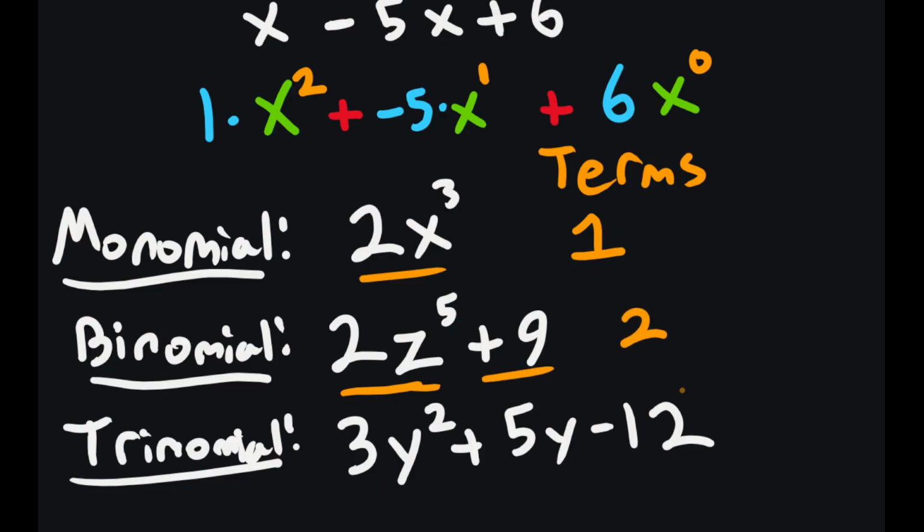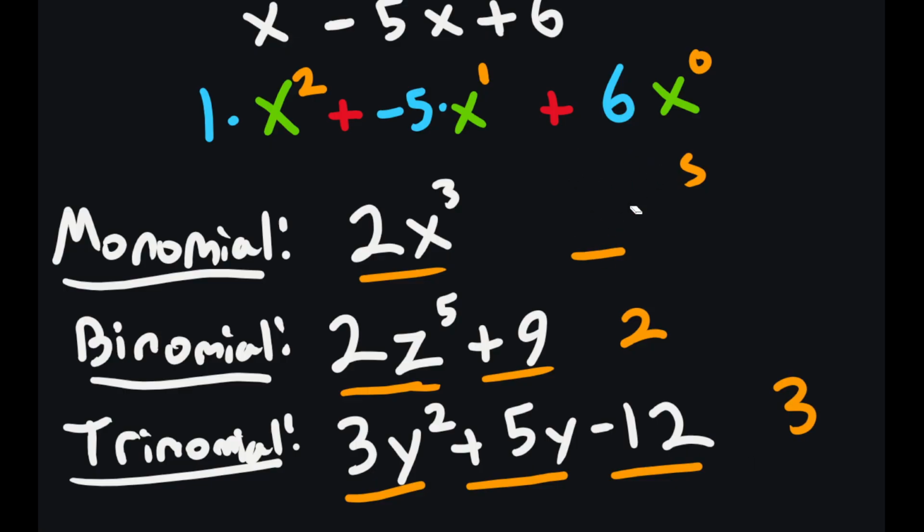And a trinomial has three terms. One is 3y squared, and then we also have positive 5y and negative 12. There are three terms right here. So monomial, binomial, and trinomial. And that's what differentiates them. Monomial has one term, binomial has two, trinomial has three.